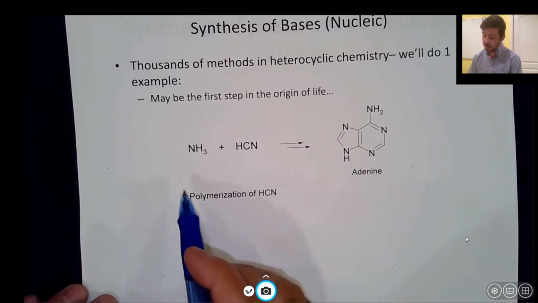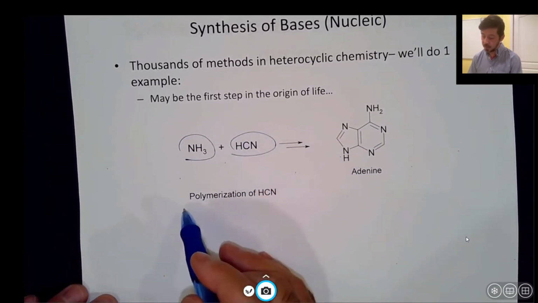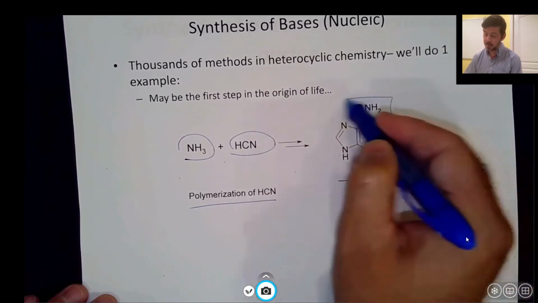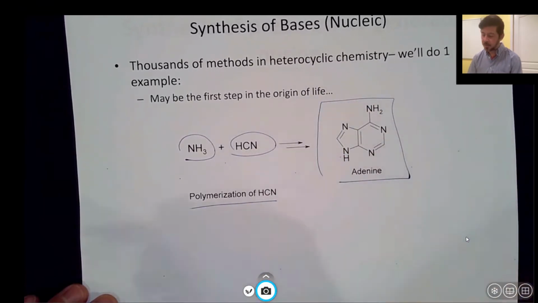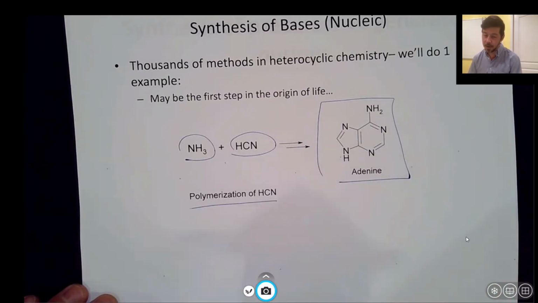It's been shown that maybe if you take things like ammonia and hydrogen cyanide, you can get polymerization of hydrogen cyanide, and this can be the precursor to make adenine, right? But there are so many different ways and combinations to make this, and it's still really not understood why adenine and guanine and thymine and cytidine, the classic bases that we know, are the ones that actually survived and are the ones that we use.